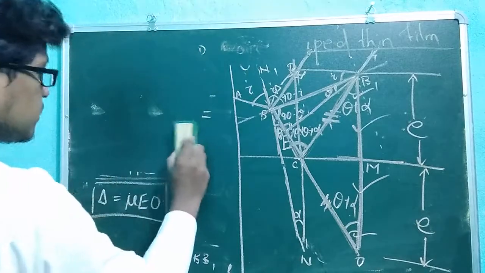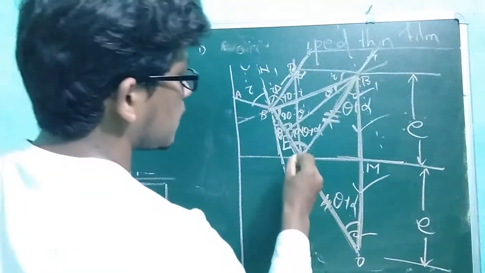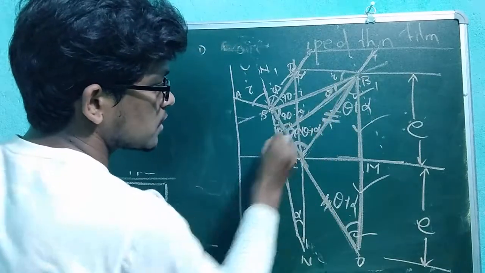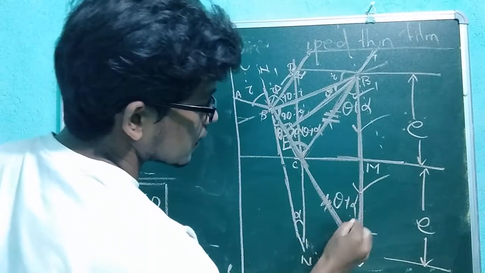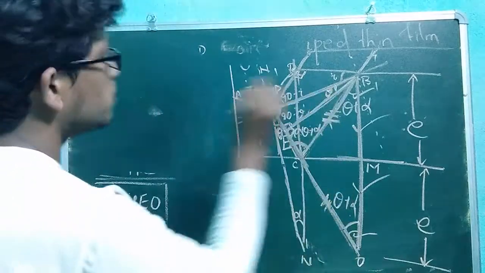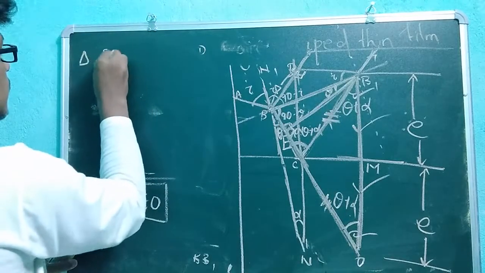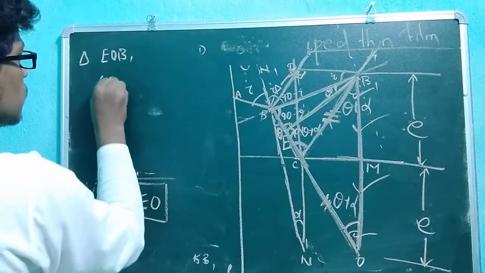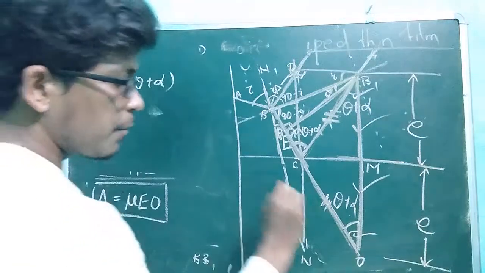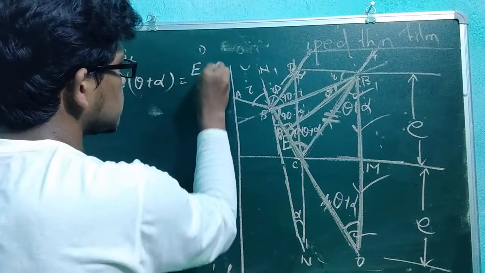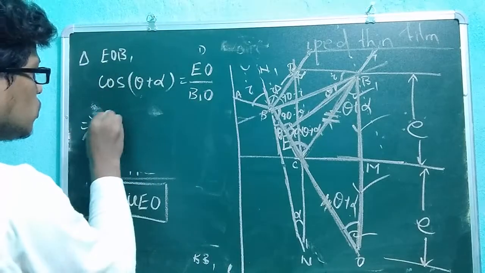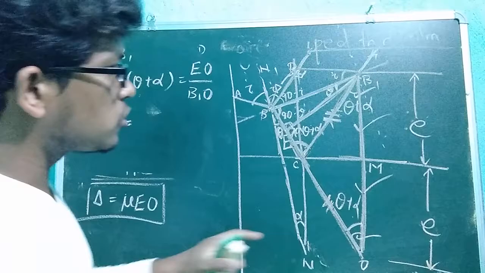So let's have a look at another triangle. This is 90. This is a projection on this line. So this is theta plus alpha. I will take triangle EOB1. I will take cos theta plus alpha, base by hypotenuse. That is EO by B1O. How much is your B1O?